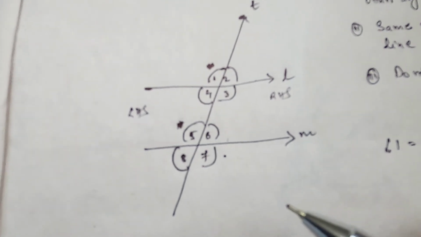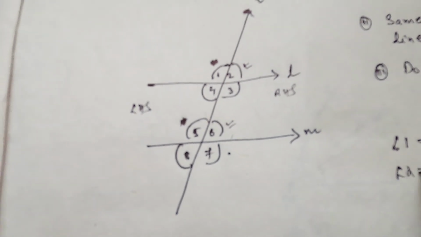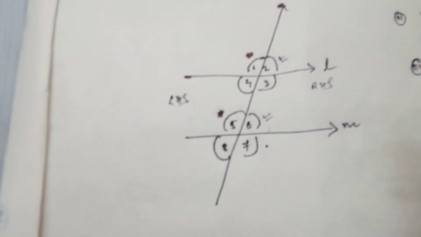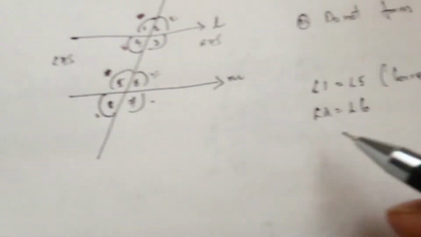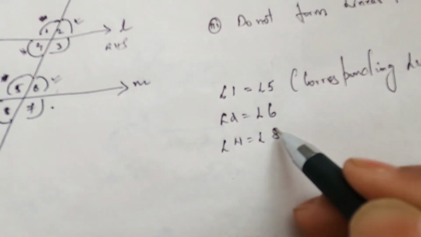Corresponding angles. Alright, so there are 3 more corresponding angles. Angle 2 and angle 6 form corresponding angles because they follow the condition. Angle 4 and angle 8, angle 4 is equal to angle 8.